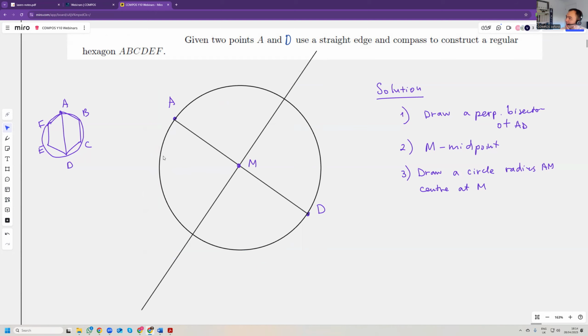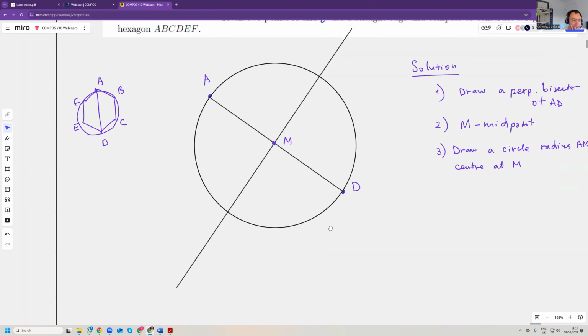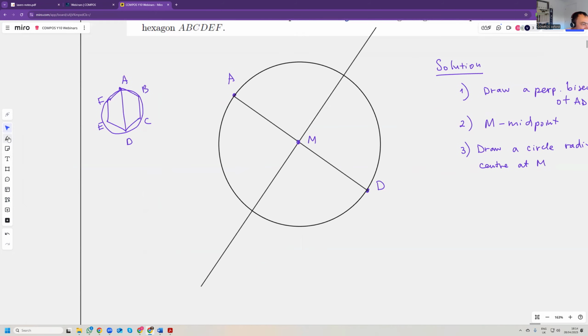And now we do a clever thing. We want a hexagon. But a hexagon has an interesting property because these are equilateral triangles, right? So if this is the radius and this is the radius, this is also the radius.